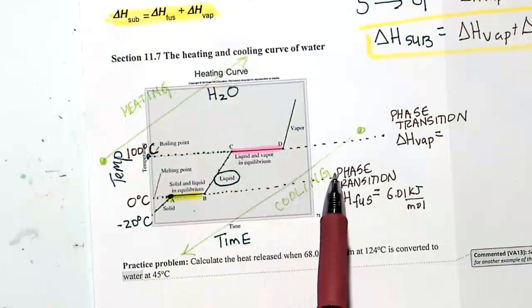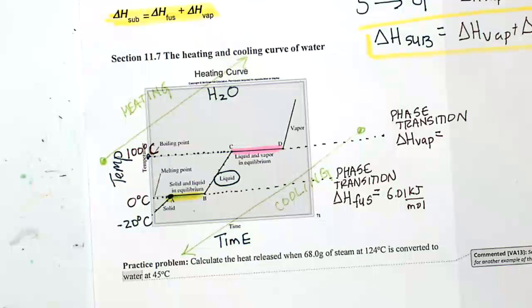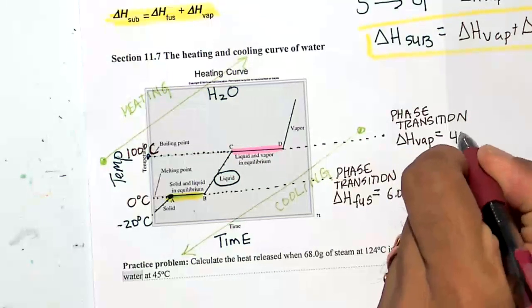So AB is a phase transition where you must overcome delta H fusion. CD is a phase transition where you must overcome delta H vaporization. So what is that for water? Anybody remember from our notes? I'm getting 40.79. Okay, we'll go with 40.79, page 12 of our notes.